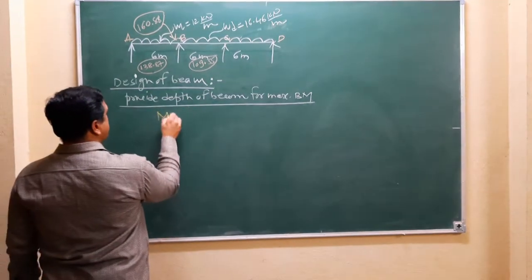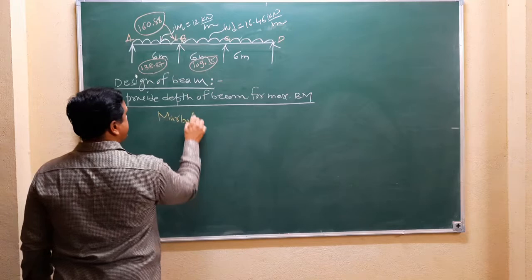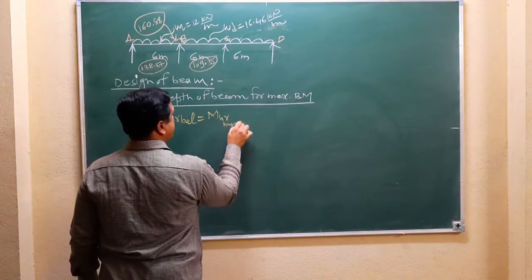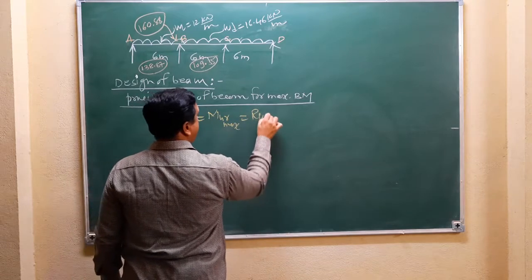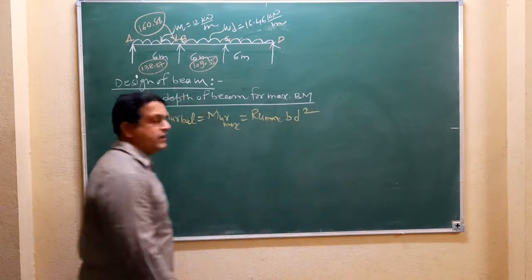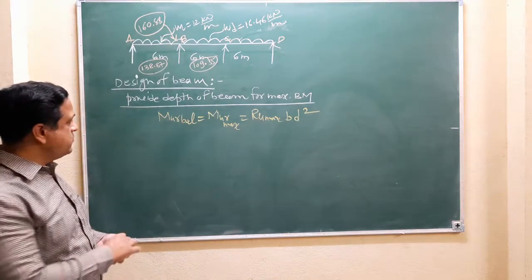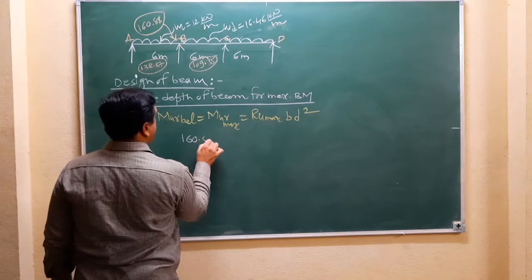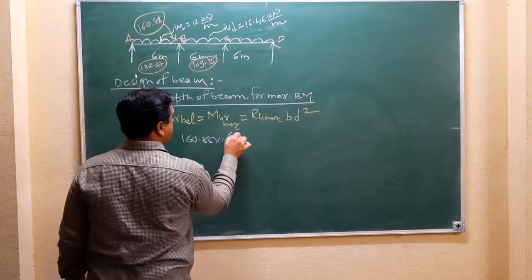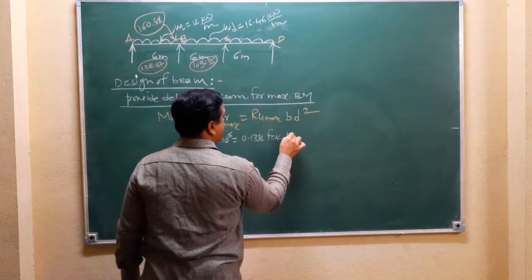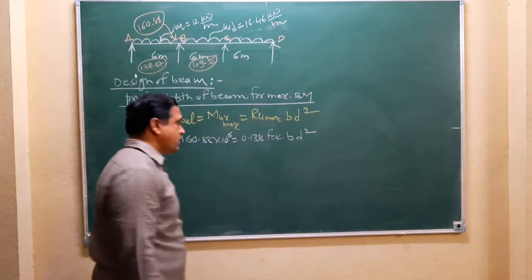So Mu limit is equal to Mu max is equal to Ru max b d square. We know this formula. I put the maximum bending moment, 160.88 into 10 raised to 6. What is Ru max? 0.138 fck b d square.